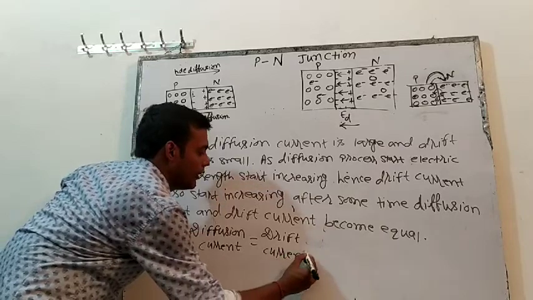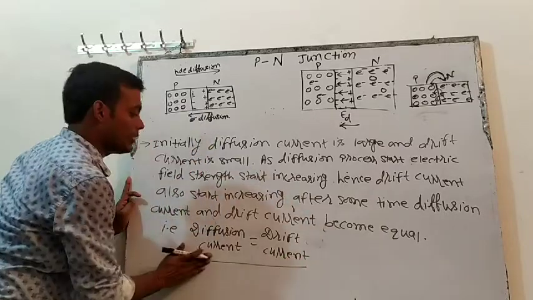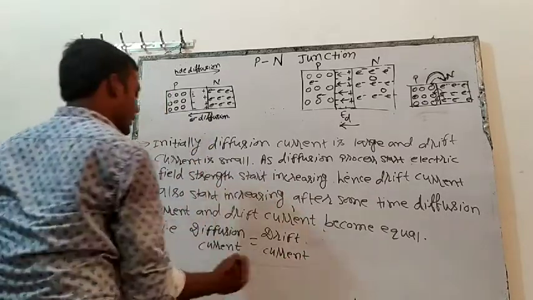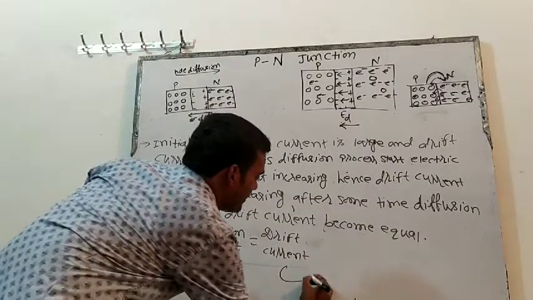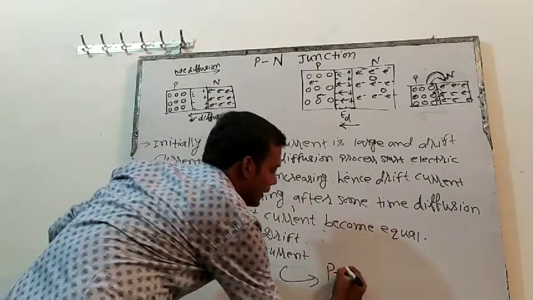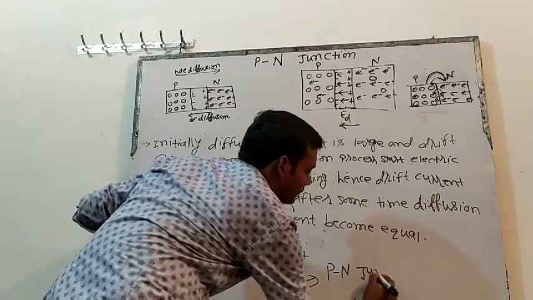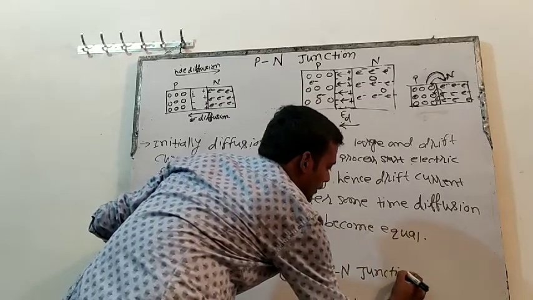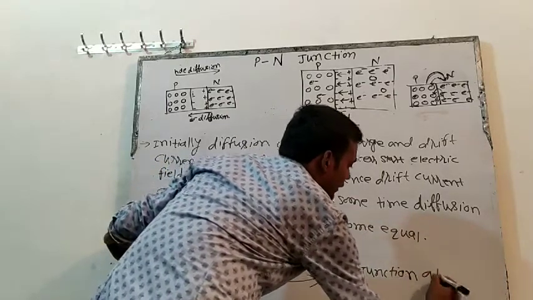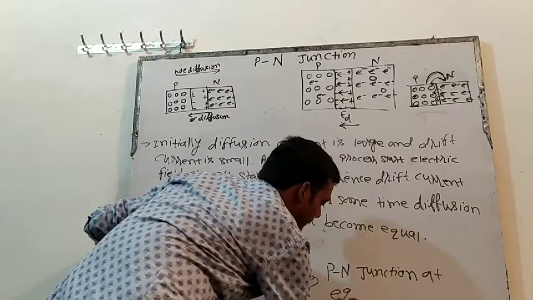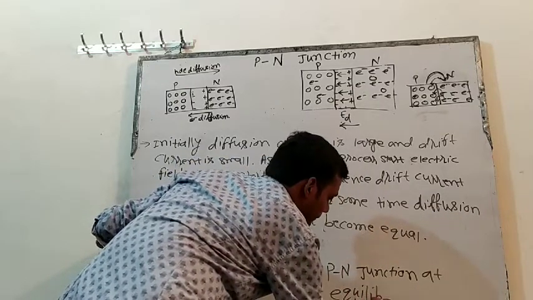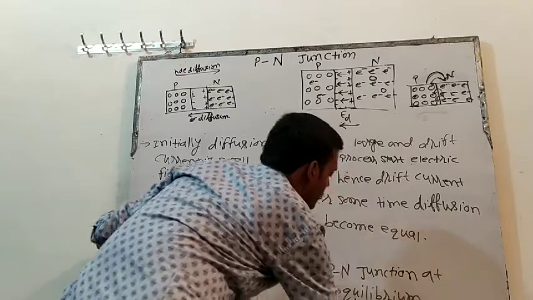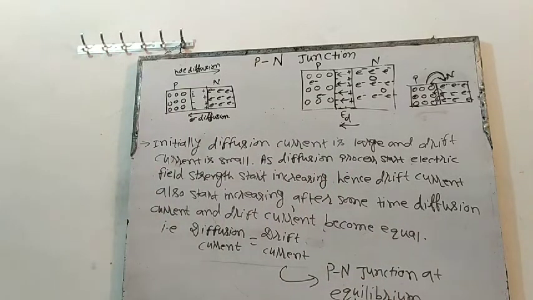And when this situation comes, that diffusion current is equal to drift current, this situation is known as the PN junction is at equilibrium. That means when diffusion current is equal to drift current, then the PN junction will be at equilibrium.